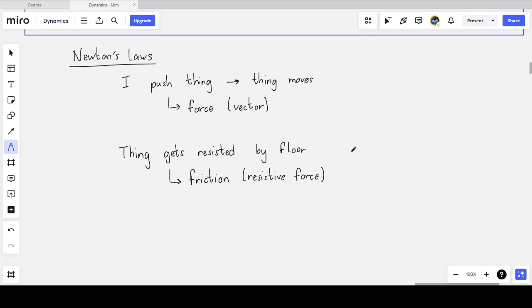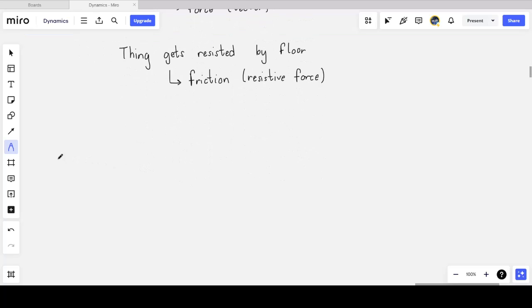and opposes my force. And so basically, before we start Newton's laws, we have to understand what the idea of forces is. And I'm just going to assume that you do get forces and that it's not brand new to you. But our good friend Uncle Newton did describe 3 laws of motion, very simple laws of motion for objects, and we use these laws of motion as the basis to solve our problems.